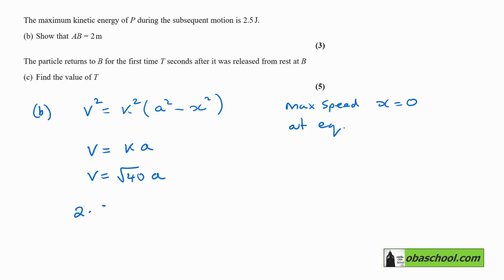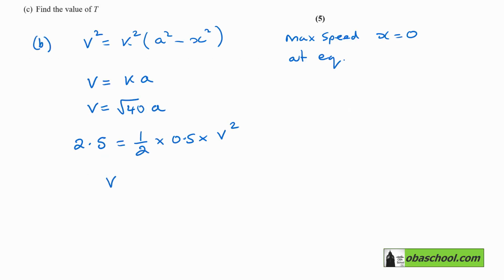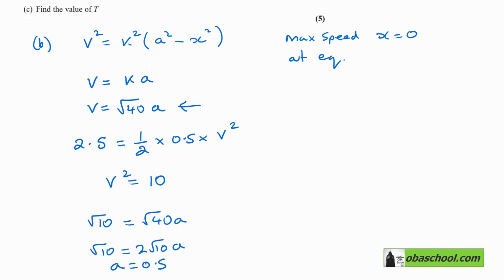So the maximum kinetic energy of 2.5 is going to be a half times the mass times v squared. And so we can calculate from that v squared is equal to 10. If we substitute back to here, we get root 10 is equal to root 40 a. And that gives us that root 10 is equal to 2 root 10 a, giving us that a is 0.5.